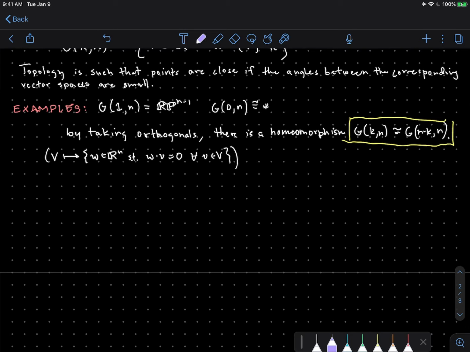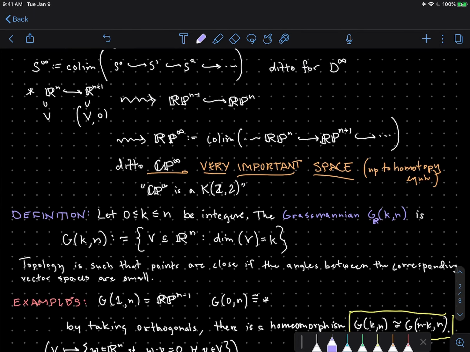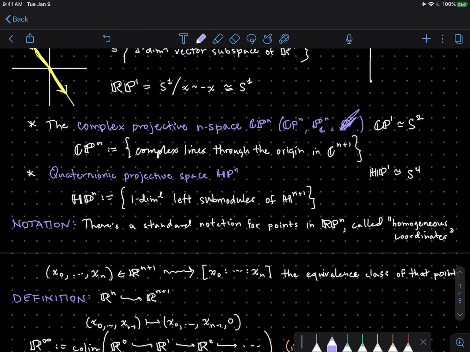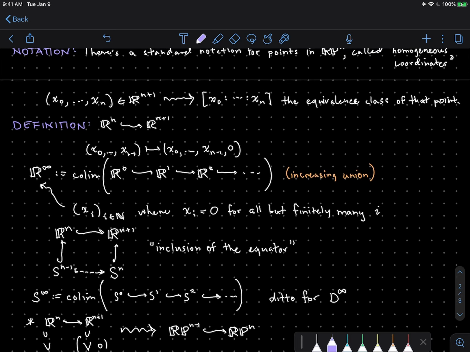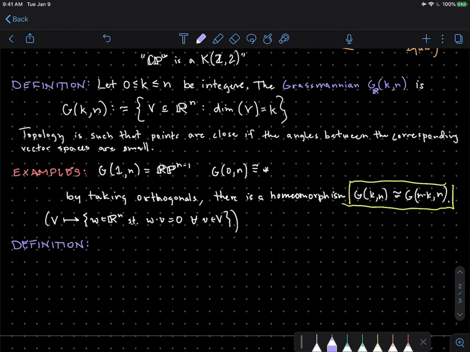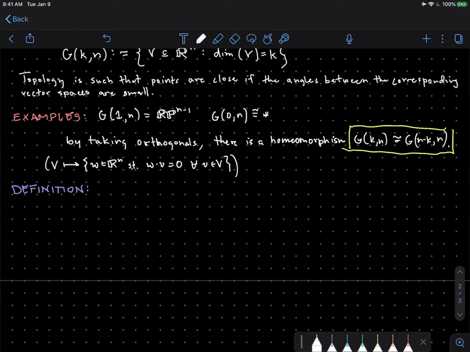So let's take another definition, along the same lines as the infinite stuff that we did up here. Excuse me, my iPad was glitching a little bit.